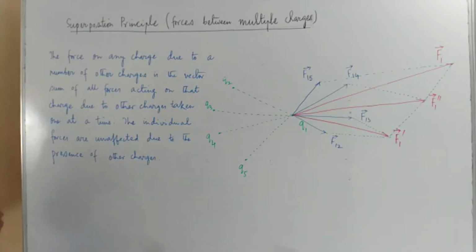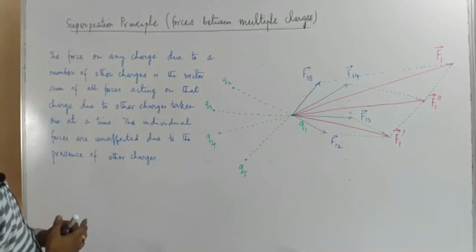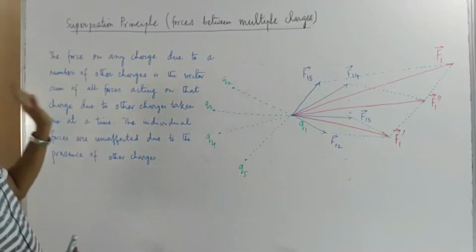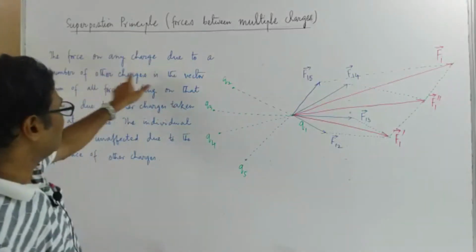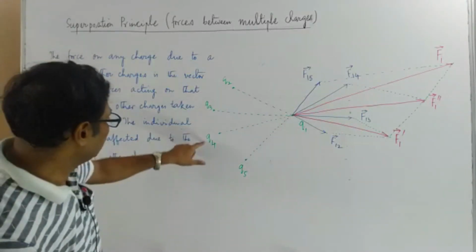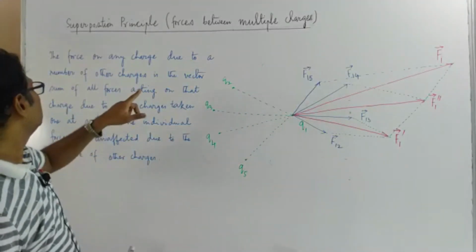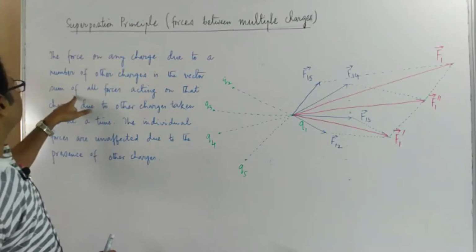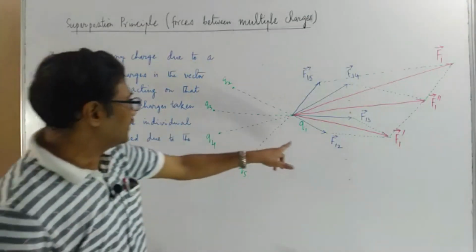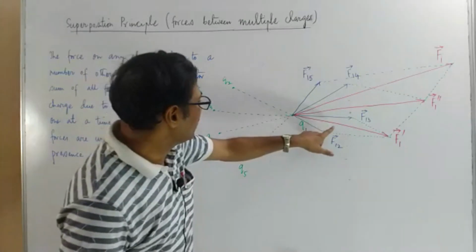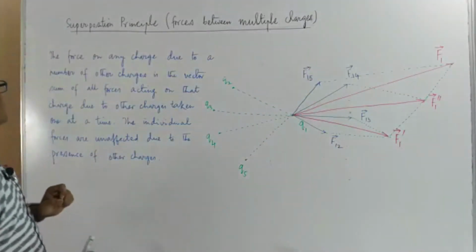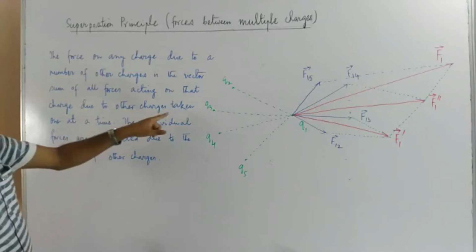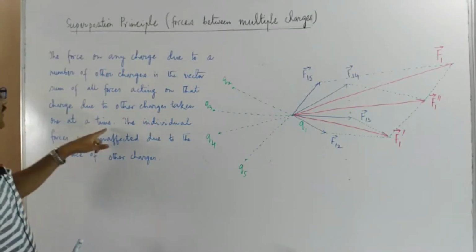So we learned principle of superposition, which states that the force on any charge, here it is Q1, due to all other charges, that means Q2, Q3, Q4, Q5, is the vector sum of all forces. So I am taking vector sum of F12, F13, F14, F15 due to other charges taken one at a time.